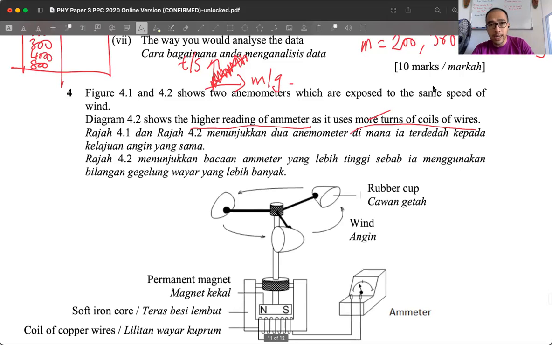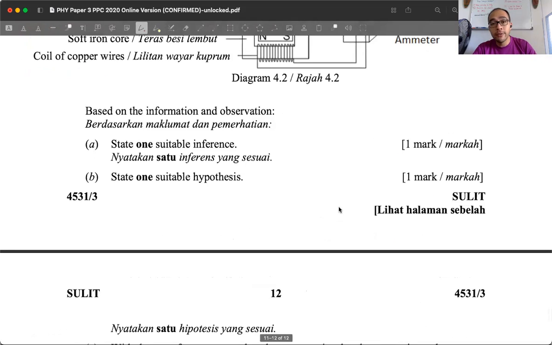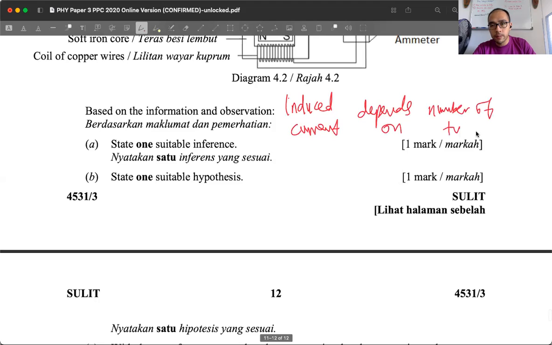These are the two. But the inference, okay, the inference is induced current. Induced current depends on the number of turns in the coil.